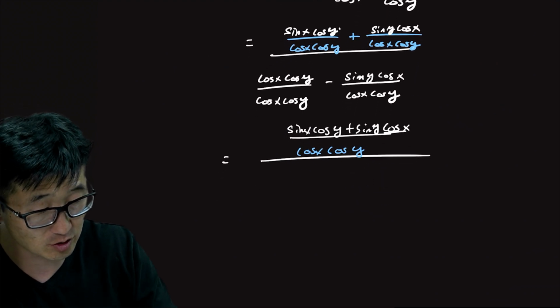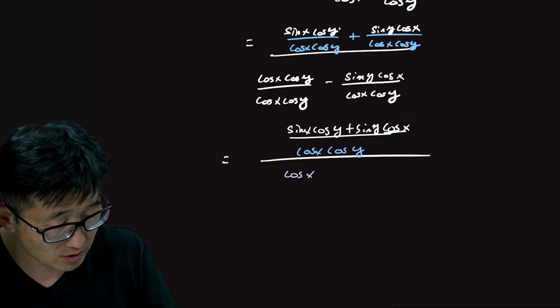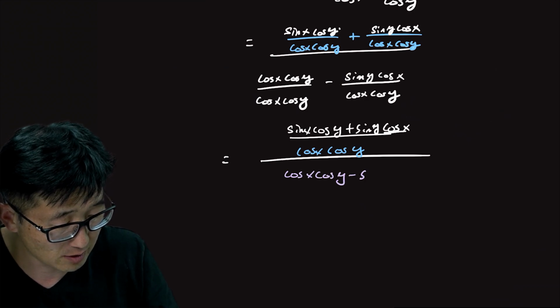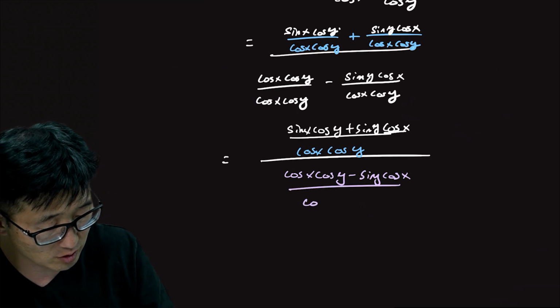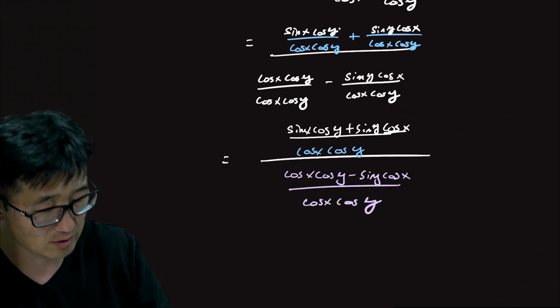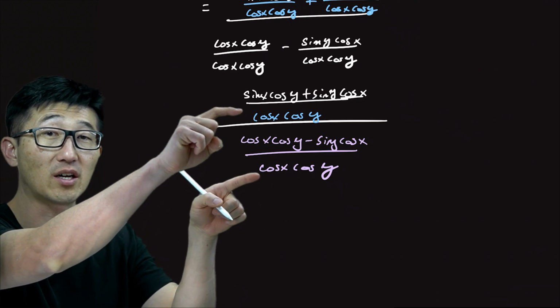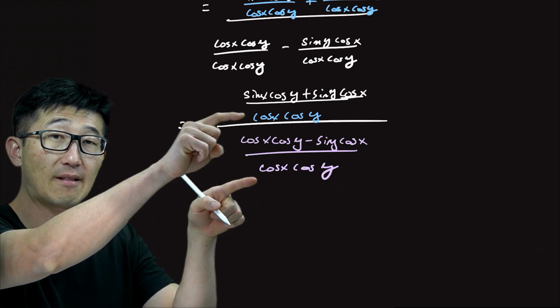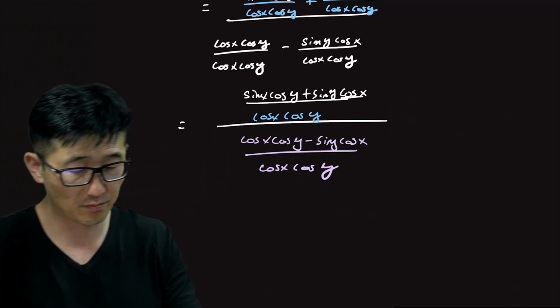The denominator is going to be written as cosine of x cosine of y minus sine y cosine of x all over cosine of x cosine of y. Do you see how these two are gonna cancel out? This one will flip.